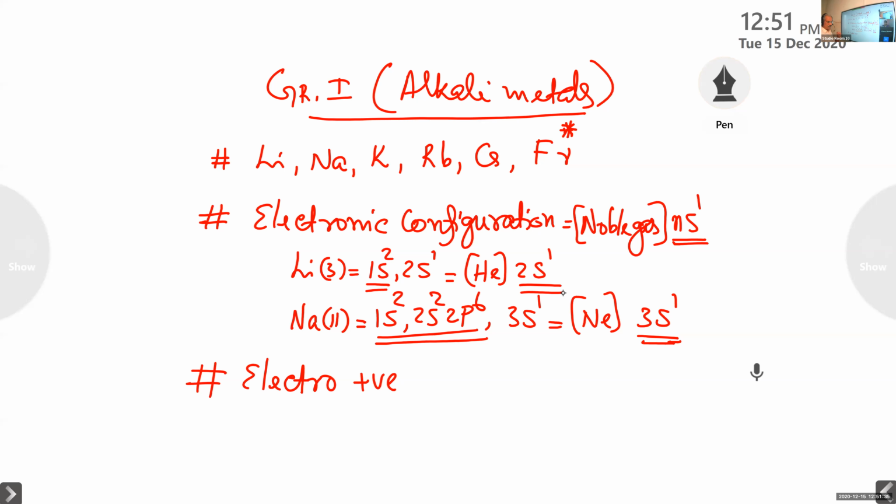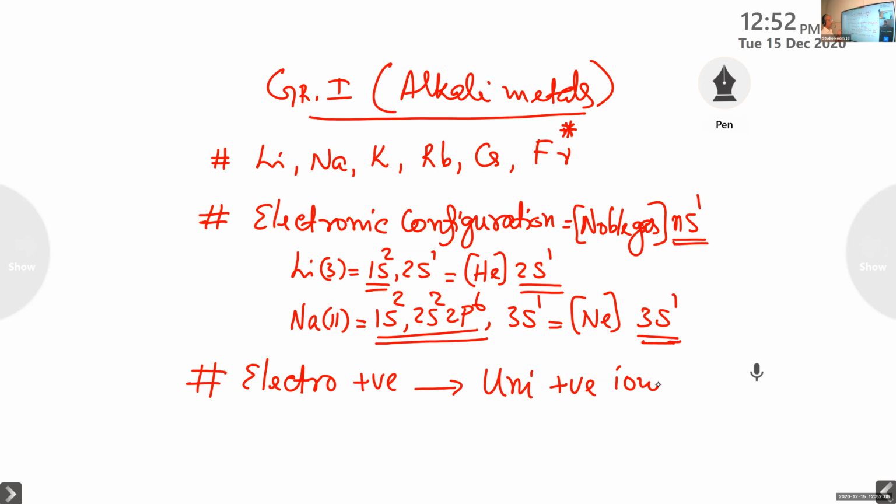So the loosely held valence electron can be easily removed, forming a unipositive ion, because the atom is the largest one in a period.